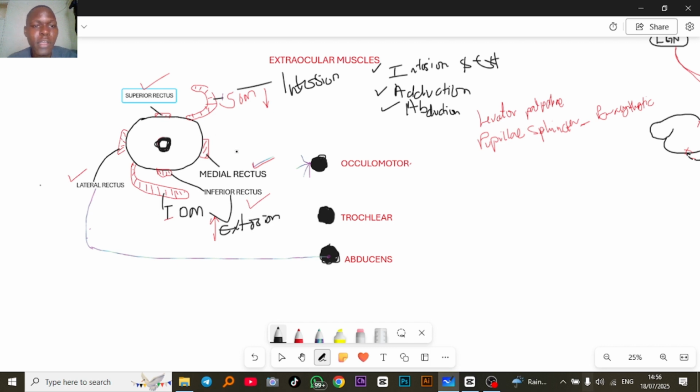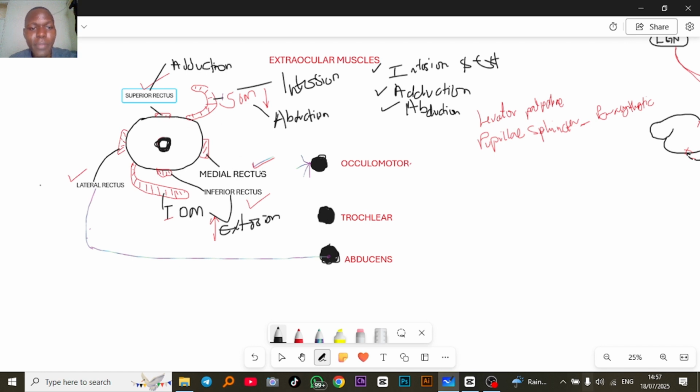Then the other one is a supplement, in that both obliques, the superior oblique and the inferior oblique, will perform what we call abduction, moving the eye laterally. Whereas the superior and inferior rectus will perform adduction. As simple as that.